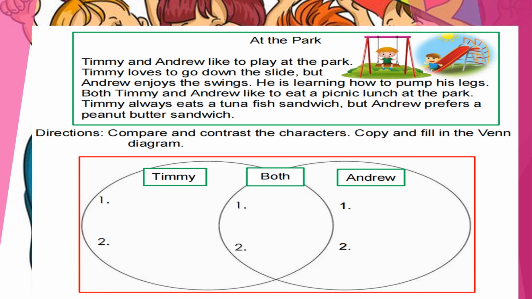For your assignment, copy this one, At the Park. It is about Timmy and Andrew. Again, copy the story. Read and understand the story and illustrate in a Venn diagram their comparison and their contrast, or their similarities here and their differences here.